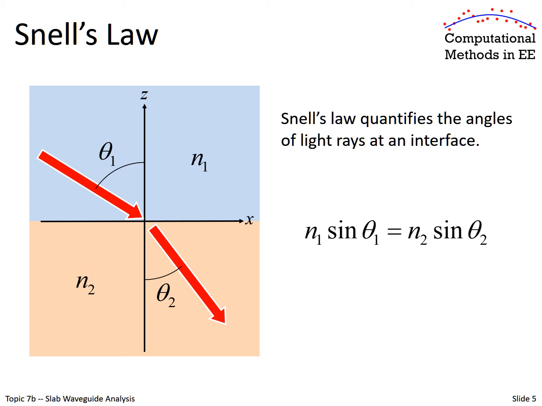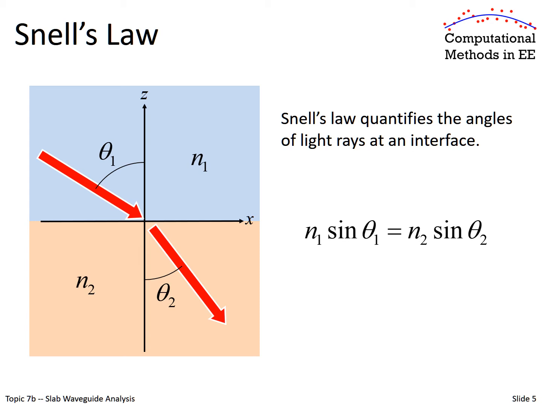So if we look at this configuration, we see that on the low refractive index side, so in this case that'll be the side of N1, the angle theta1 is larger than it is on the other side. That's very indicative of the case where the refractive index is lower on the side with a larger angle.